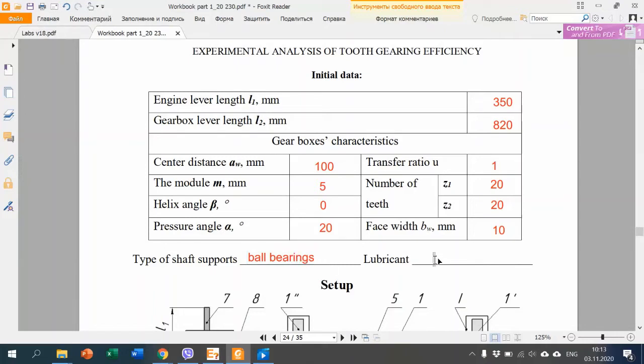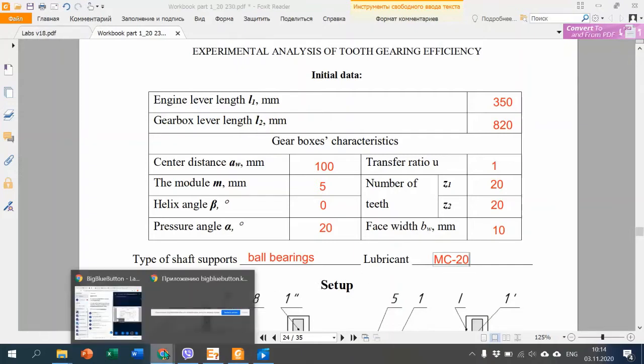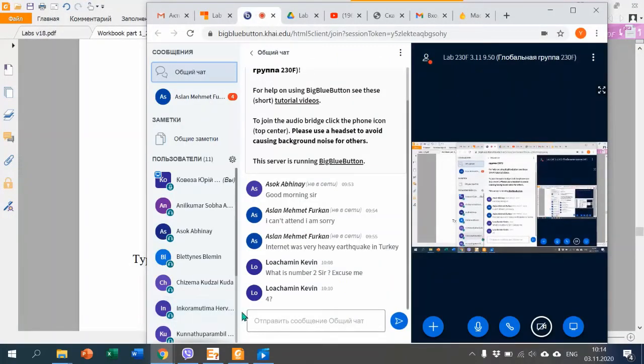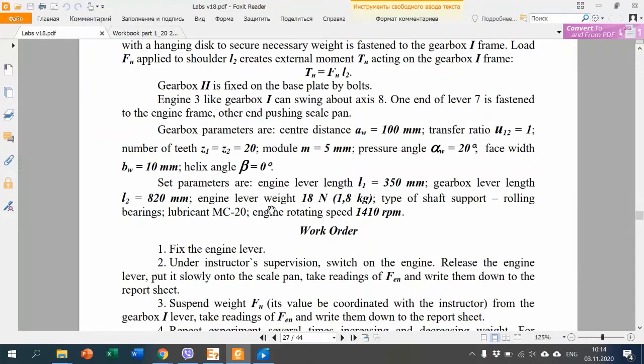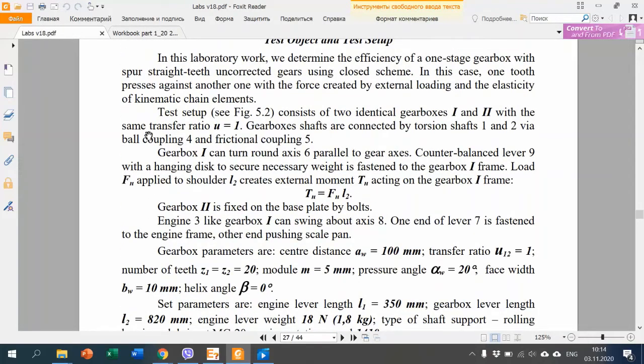Lubricant MC 20. Ready? Ball coupling 4.